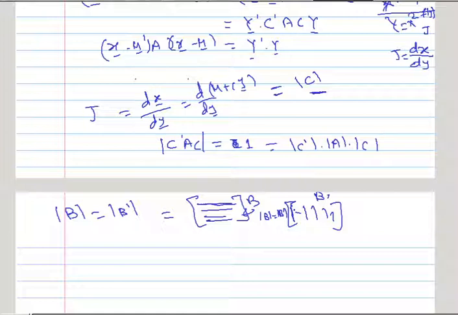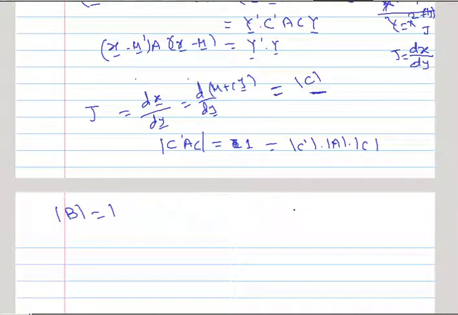Whenever we talk about determinants, obviously it will be a square matrix only. So the determinant of C is the same as the determinant of C transpose, and in this expression, instead of the determinant of C transpose, I can write the determinant of C.